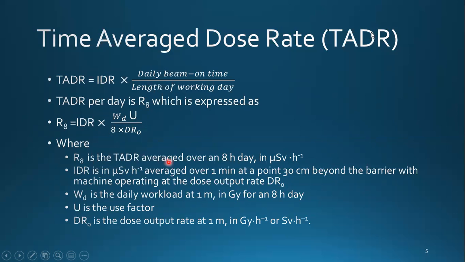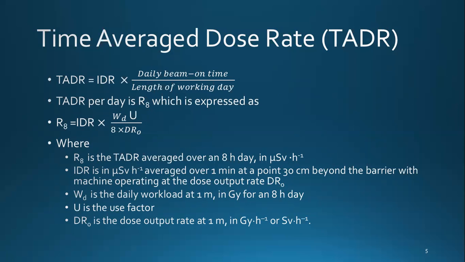R8 is the TADR averaged over an 8-hour day, right, in microsievert per hour. IDR is in microsievert per hour averaged over 1 minute at the point 30 centimeter beyond the barrier. That is where you actually measure where your occupancy is. Not very close to the barrier, it is 30 centimeter beyond the barrier. We discussed this earlier in our lecture 4 also, right?